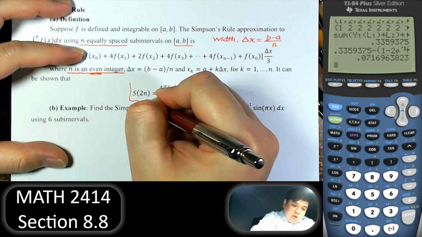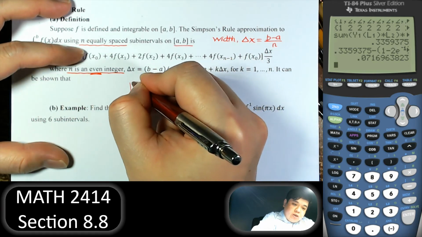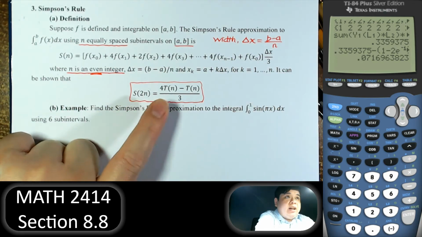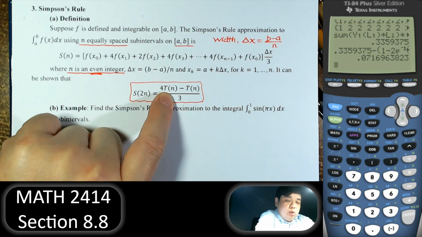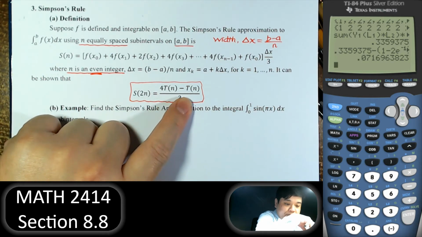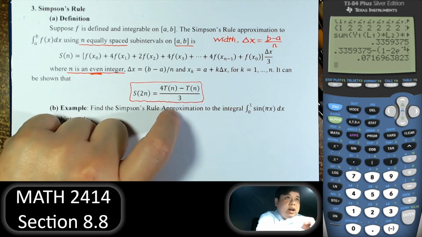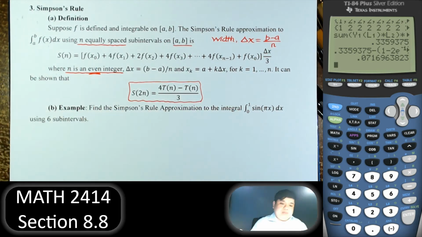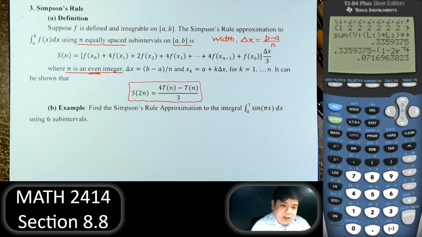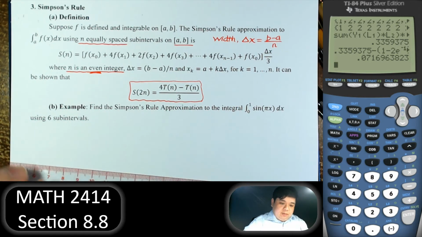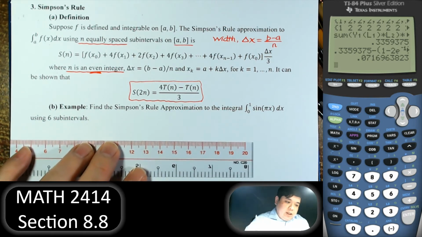And it can be shown that Simpson's rule for 2n is equal to 4 times the trapezoid rule at 2n minus the trapezoid rule at n, divided by 3. So we can use that. But now, let's just see how Simpson's rule works.